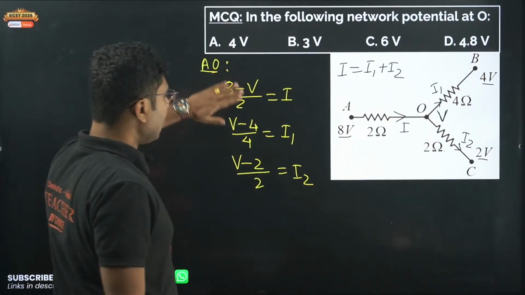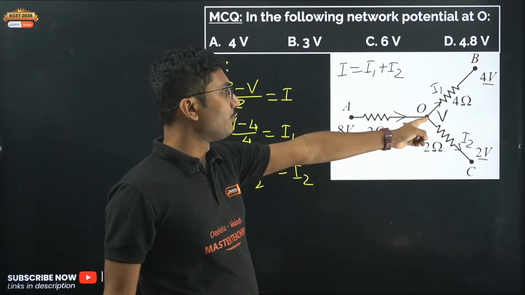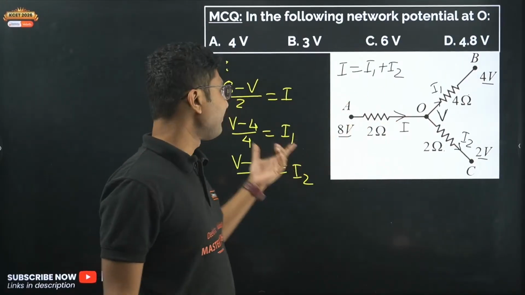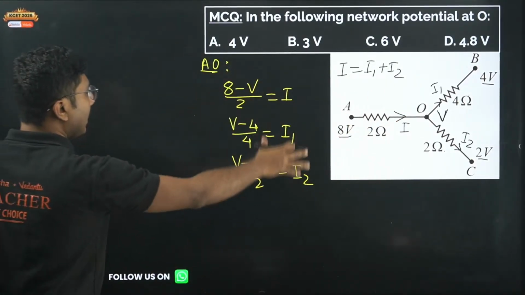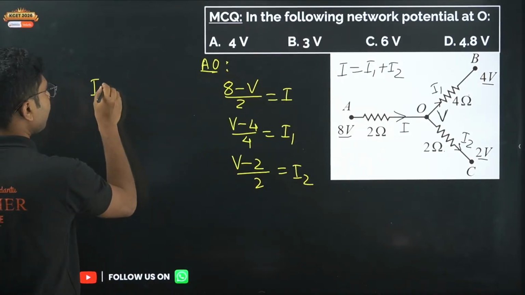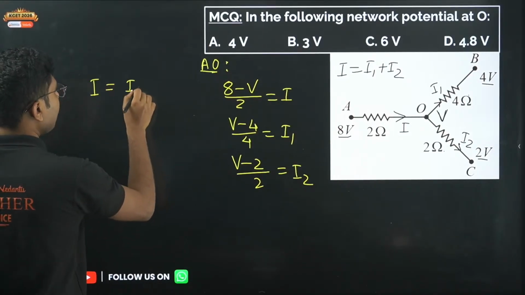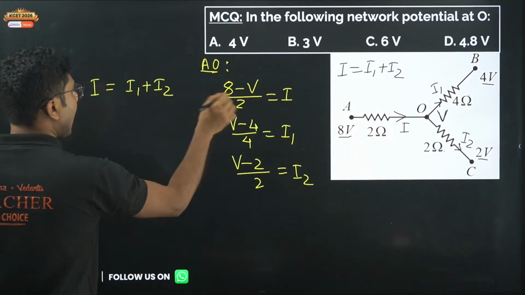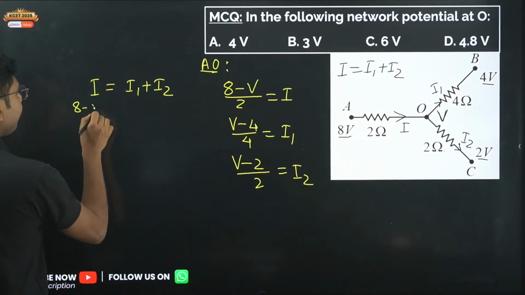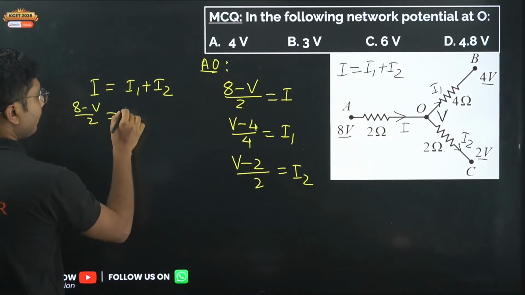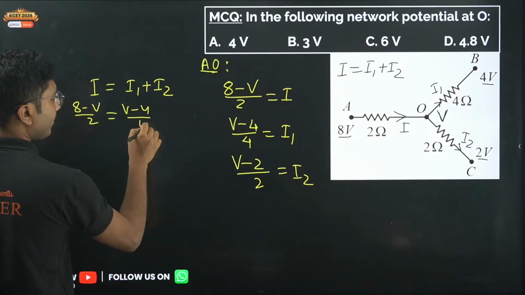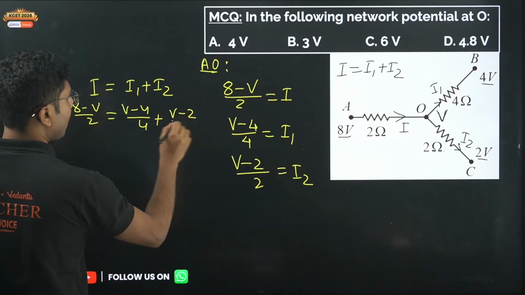So this is the standard procedure. If you know the intermediate voltage, you can find the currents. Now we say that I must equal I1 plus I2, and we put these values: (8 minus V) by 2 equals (V minus 4) by 4 plus (V minus 2) by 2.